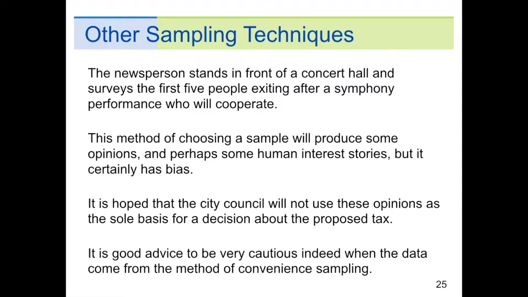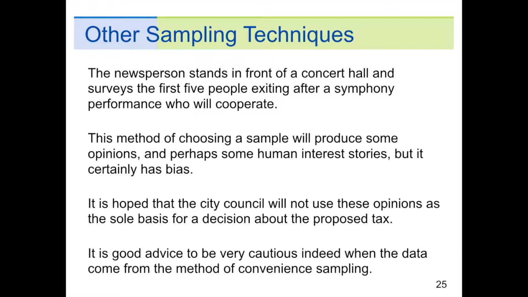So, as you see there, what happens is the tax will benefit a symphony, and he asks people who just came from a symphony. So those are probably going to be pretty biased.